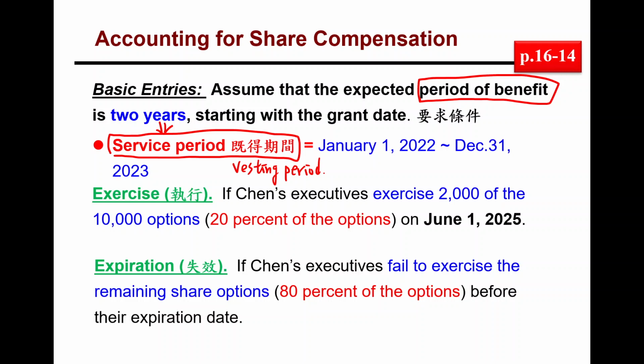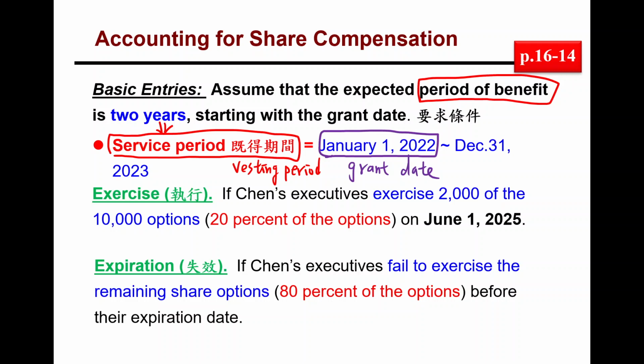So 2 years from which day to which day? Don't forget, from the grant date for 2 years. That's why you should know which is your grant date. So from the grant date, 2 years more. On the grant date, you told your employees, give me 2 years, stay at my company 2 years.